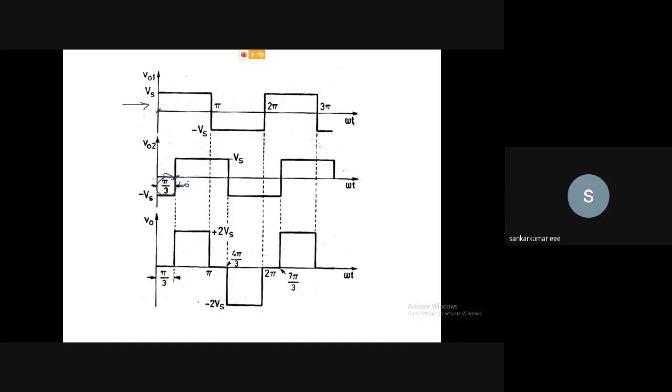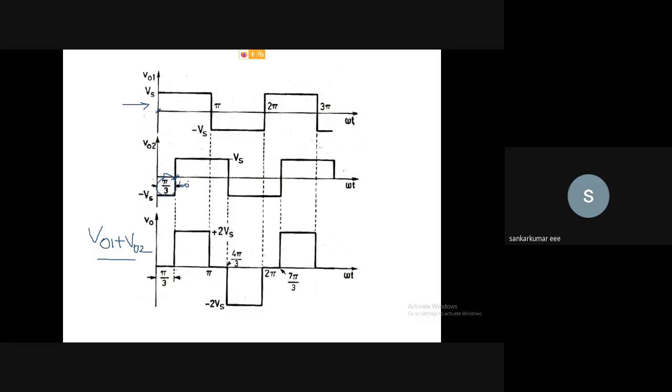Now we are adding the two output voltages, so V0 will be equal to V01 plus V02. Up to 60 degrees, V01 will be plus Vs and V02 will be minus Vs, so if you add them, both will cancel. So from 0 to 60 degrees, the output voltage will be 0.